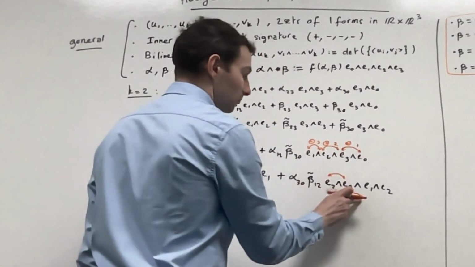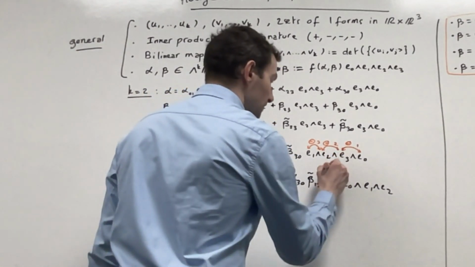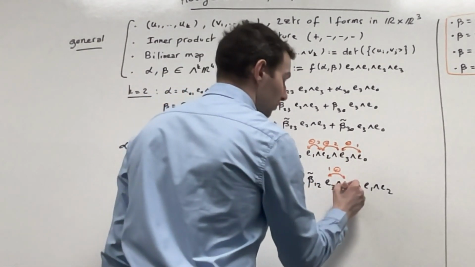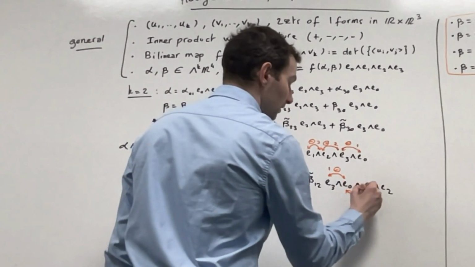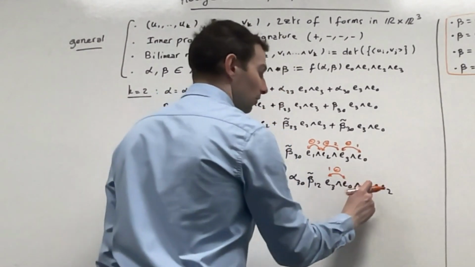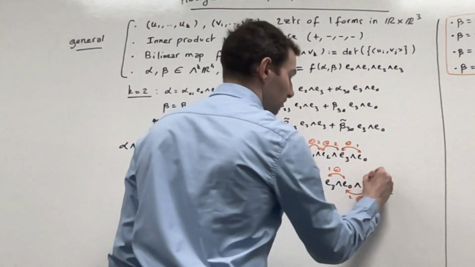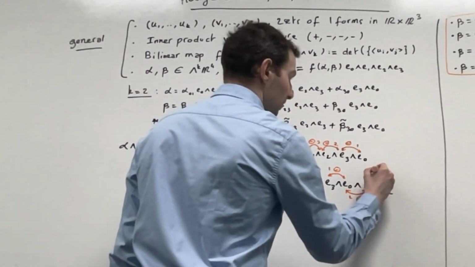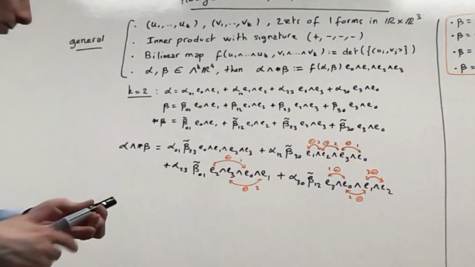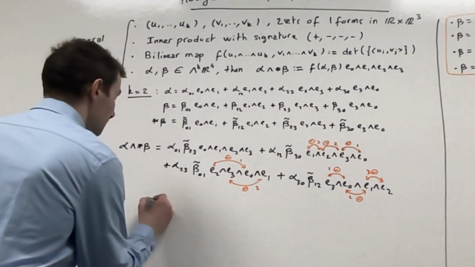So the first step here is to swap E0 with E3. Then I'm going to swap E3 with E1, so that's the second step. And then I'm going to swap E3 with E2 as a third step.